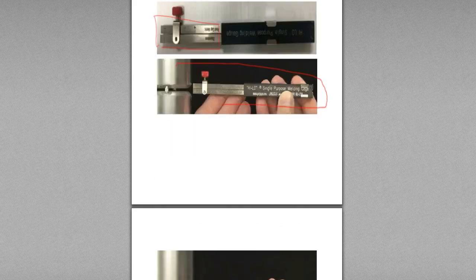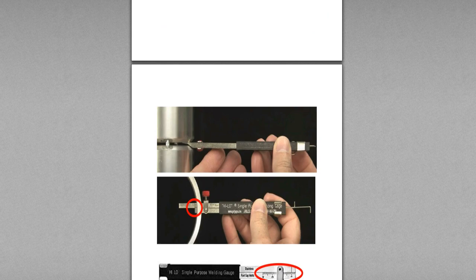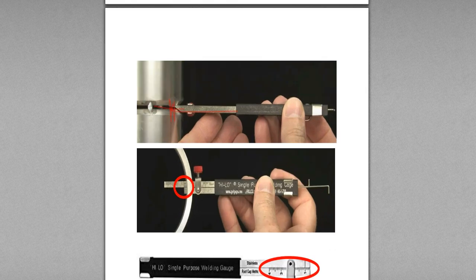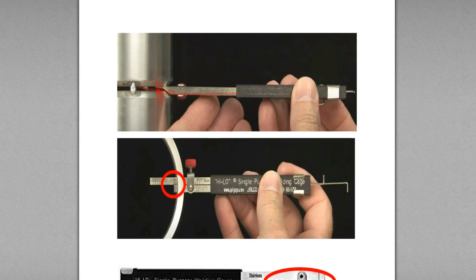Place the high-low gauge like this, insert it here at the root gap, and then you can see how much distance the high-low gauge goes into the pipe specimen.